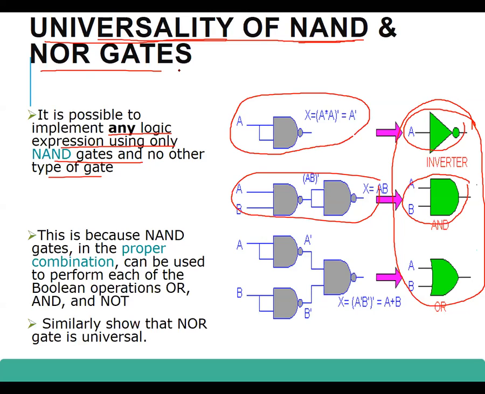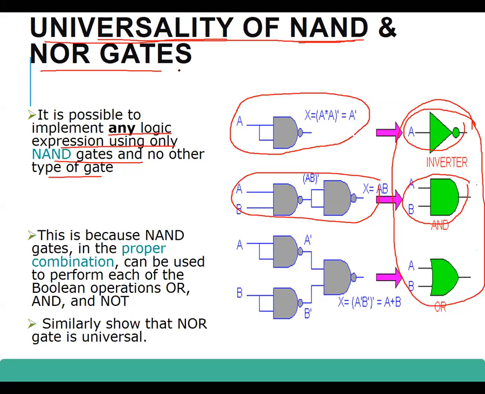That's the basis. To prove the universality of NAND gates, we can draw the figures on the right hand side, which show that you can draw all three basic logic gates using NAND gates only.